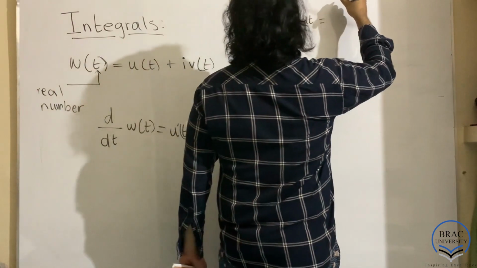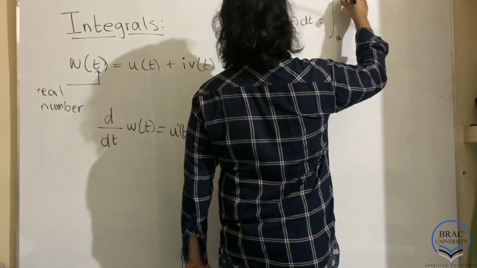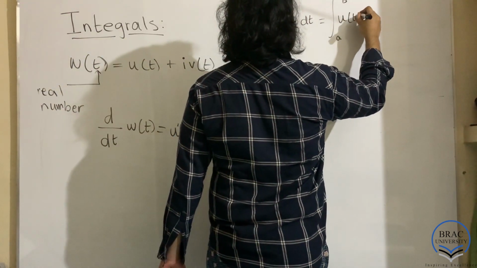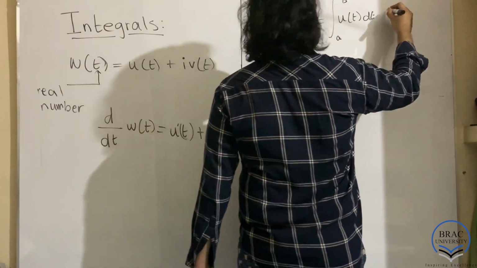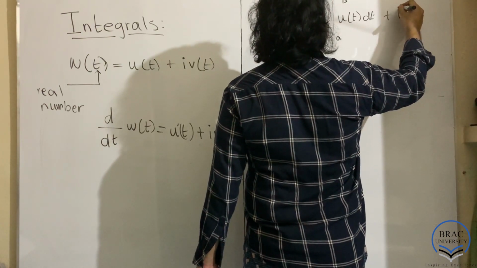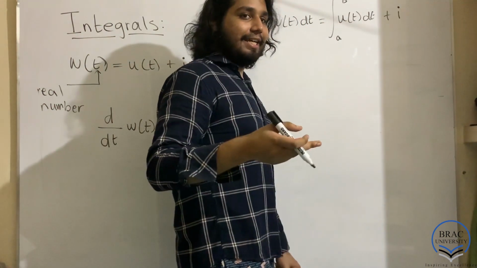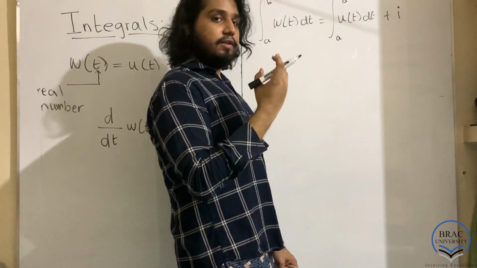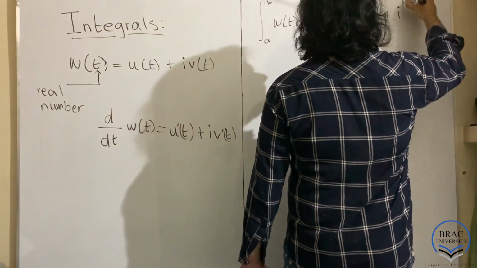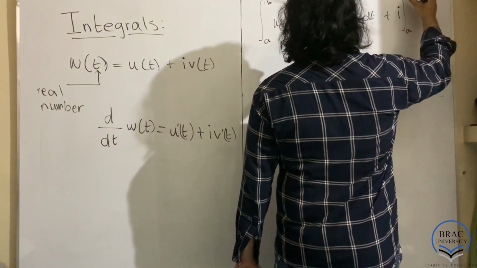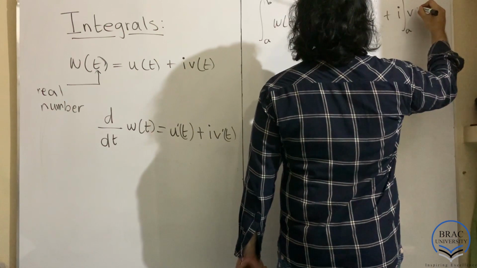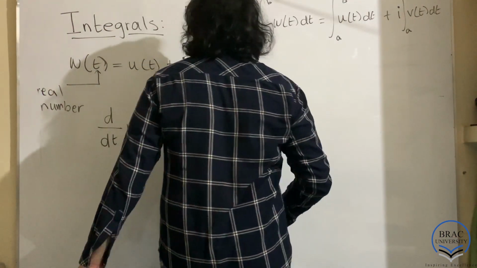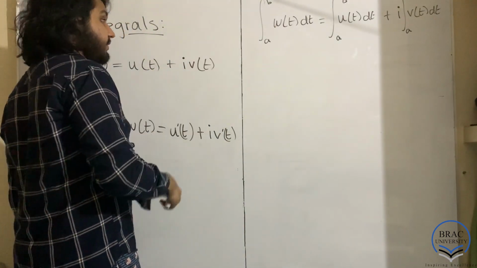So it takes the following form: the integral from a to b of u(t) dt, plus i, which I'm taking out of the integral since it's just a number independent of t, like any other normal constant, times the integral from a to b of v(t) dt. So there you go, that's how you set up integrals.